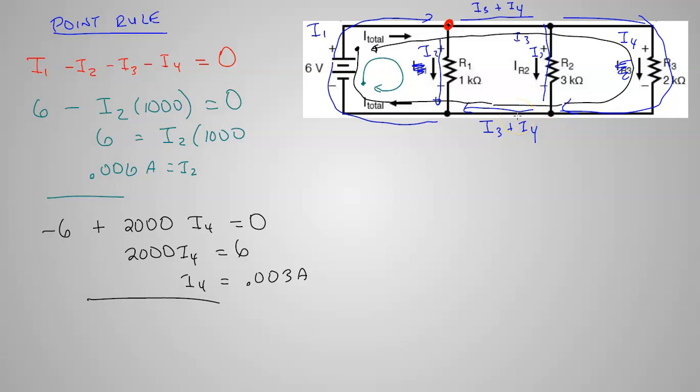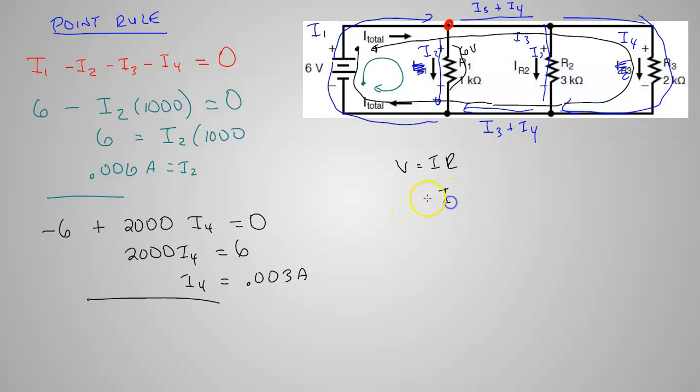You can't do this on the ones we were doing before. You just need to look at it and go, oh, I could do something easier. If you take your fingers and you run one of them this way, I know there's a 6 volt difference right here. If I take one finger and hold it right there at the red dot and slide the other one around, I haven't met any resistors yet, so it's still 6 volts, and 6 volts across that resistor right there means that I could use Ohm's law right there.